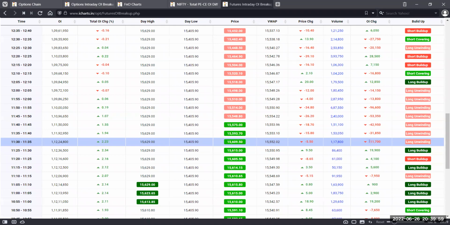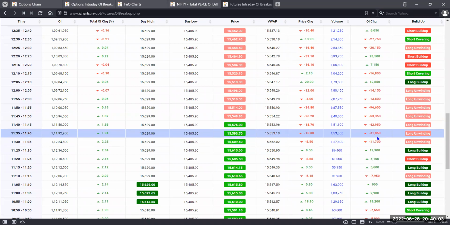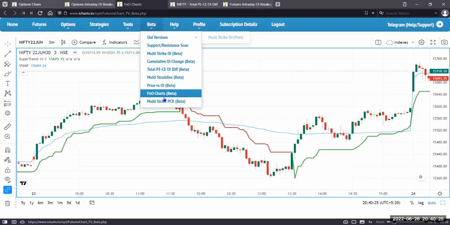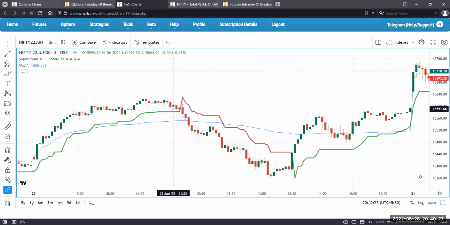There won't be much delay, because these days the algos and the people who do arbitrage are so fast that I'm sure it will be reflected in options prices within a fraction of a second. That is why I think we are looking at it. Unwinding started over here between 11:30 and 11:35. So this is almost the same time around here.